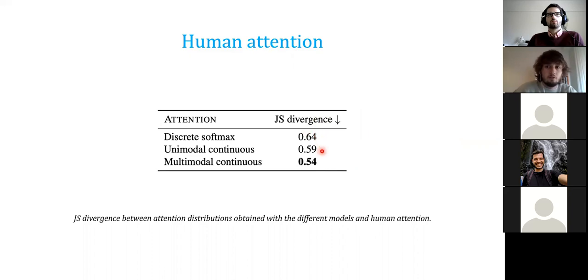And even unimodal continuous attention, in this case the continuous softmax, performs a bit better than discrete attention. So this suggests that our method is able to generate more human interpretable attention maps.